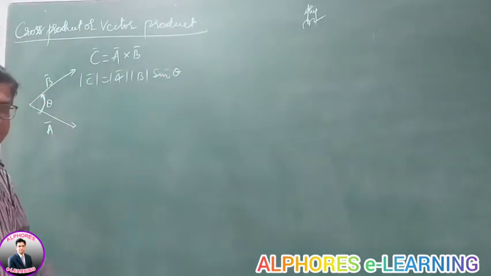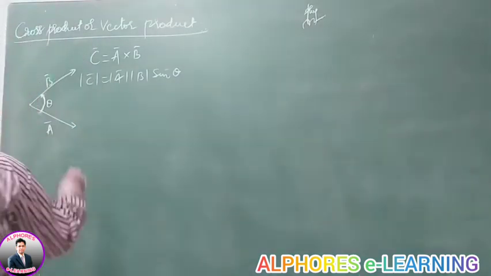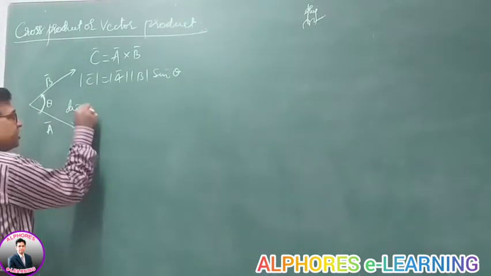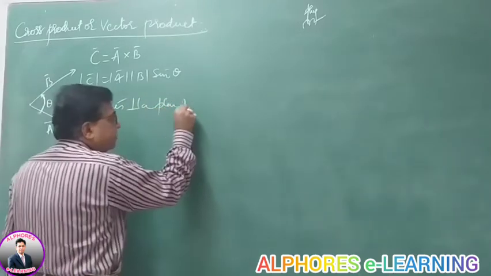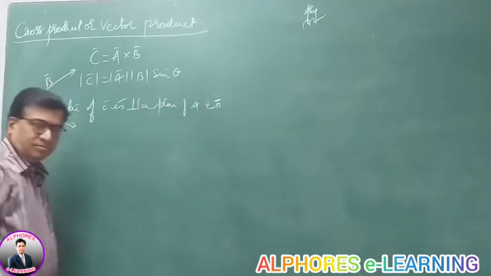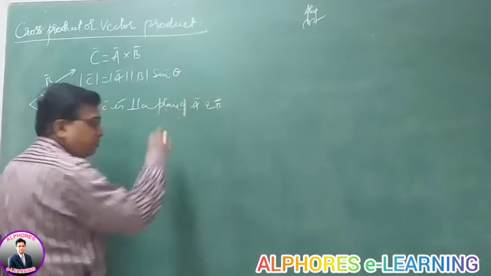Magnitude is this; how about the direction? The direction of c bar is perpendicular to the plane of A and B, normal to the plane of A and B, and it is given by the right hand thumb rule.